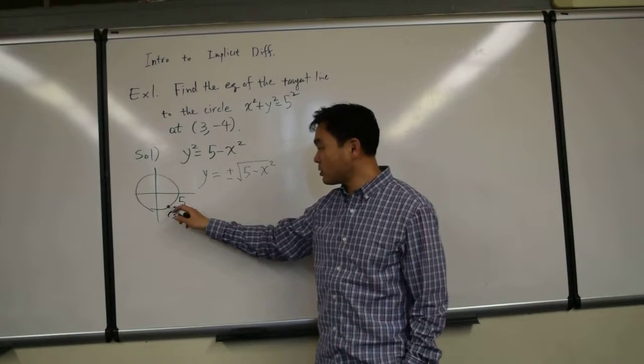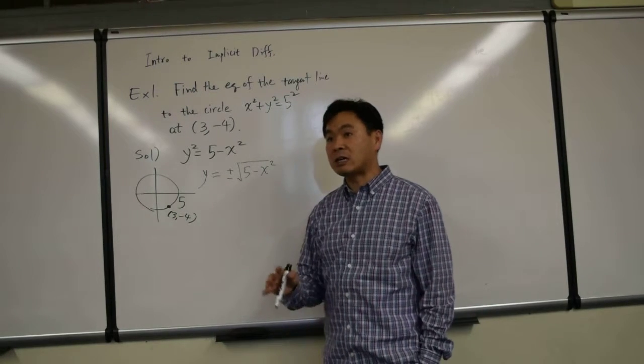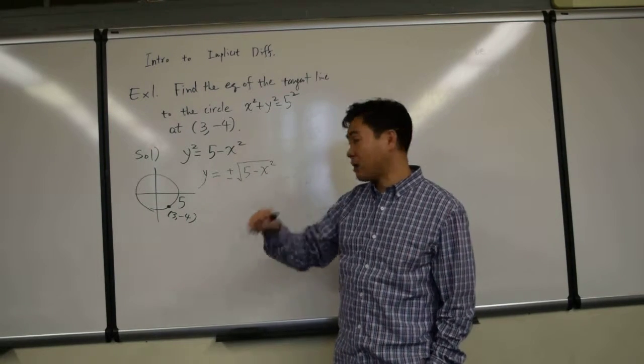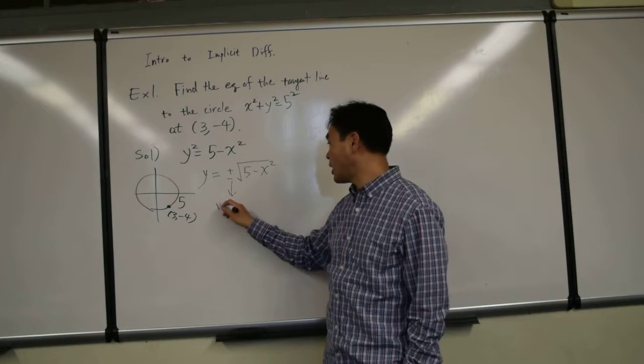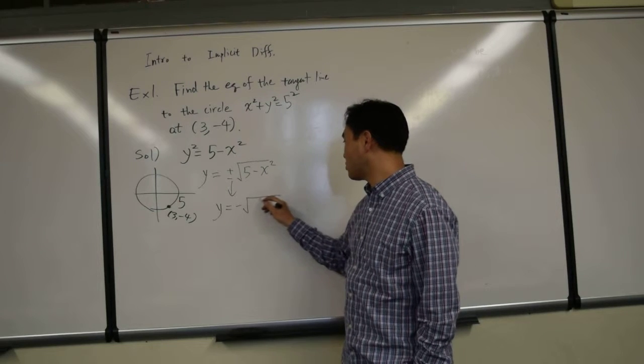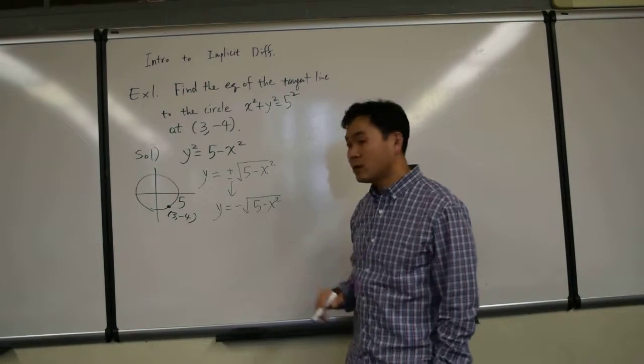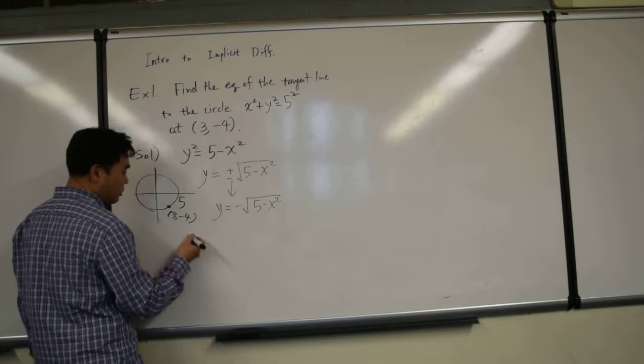And because this point that we're trying to figure out is in the bottom half, we need to choose the minus 1. So from here, we choose y equals negative square root of 5 squared minus x squared. And from this, we have to differentiate, y prime.